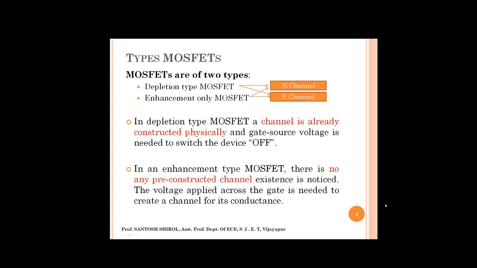If you want to make an enhancement type MOSFET conduct, then you are required to give the gate to source voltage VGS and enhance the channel that is required for its conduction. That is the basic difference between depletion type and enhancement type MOSFETs. We shall discuss depletion type first and then go for enhancement type in the next video series.